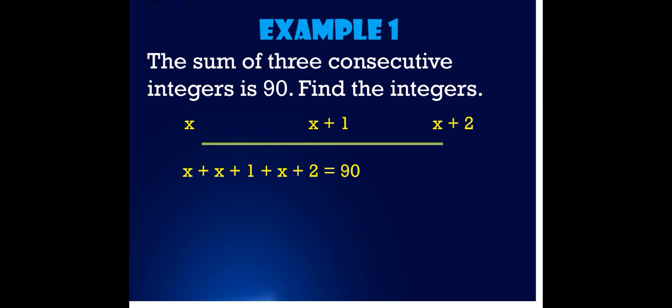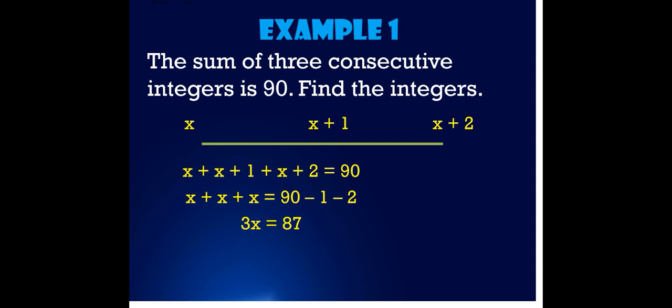Again, everything with a variable goes on the left side, and everything without a variable moves to the right side. So, we have x plus x is equal to 90. The 1 and 2 become negative because they are moved to the right side. So, x plus x is equal to 3x, and 90 minus 1 minus 2 is equal to 87.